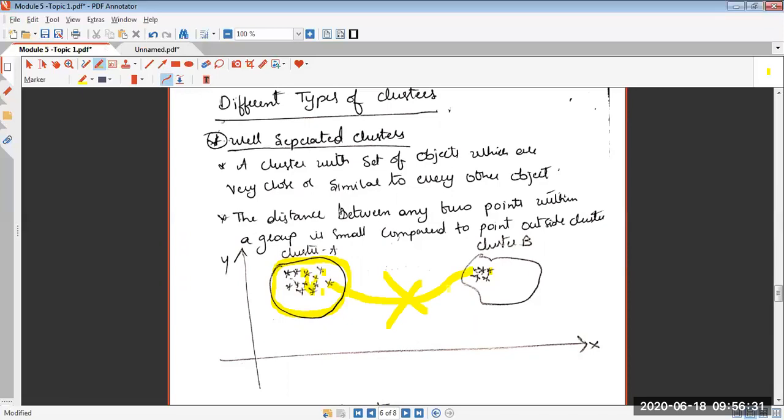If such a representation exists, it is a well separated cluster. You can clearly distinguish cluster A from cluster B. Now, what is the use of this? See, there is no ambiguity or confusion. I'm clear with what is cluster A. I'm very clear with what is cluster B.